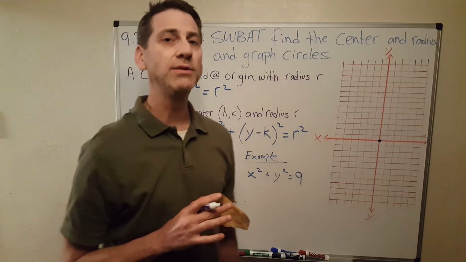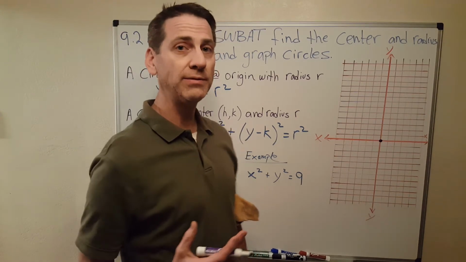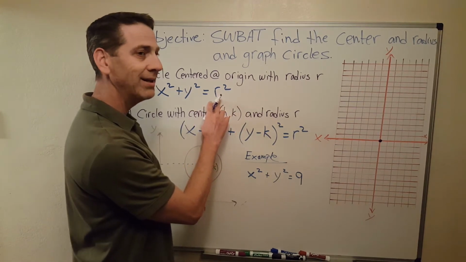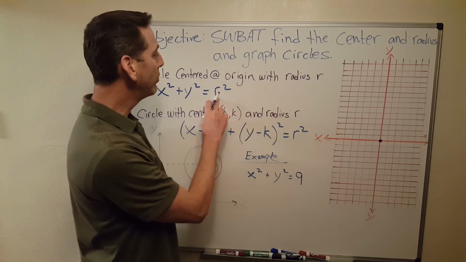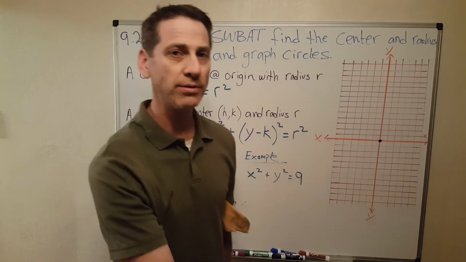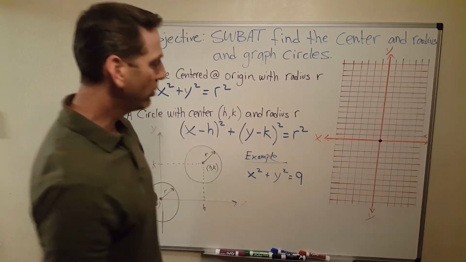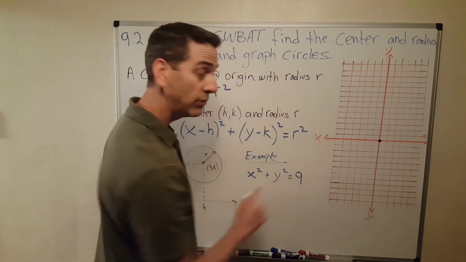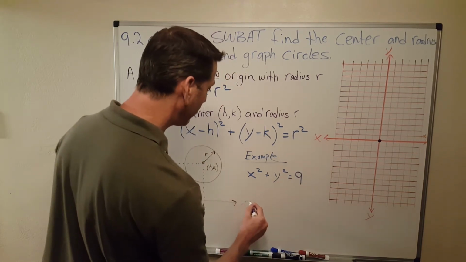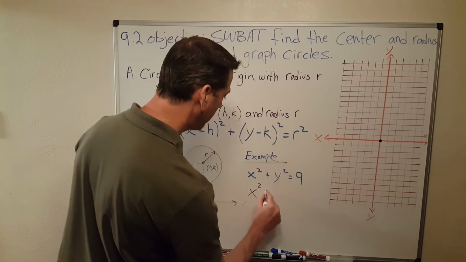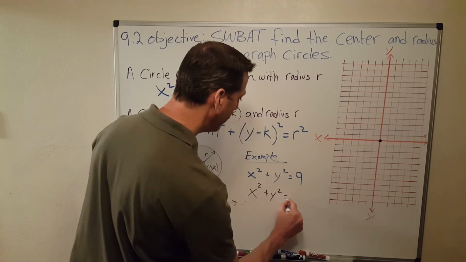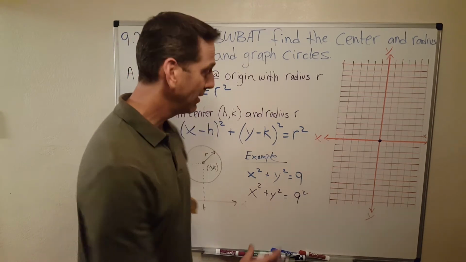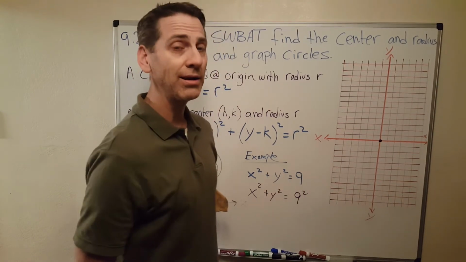Now the question is, what is my radius? If you'll notice, the radius is some number that's been squared. So in other words, I need a square here. If I went x squared plus y squared equals, I couldn't say 9 squared, because 9 squared is not the same as 9.